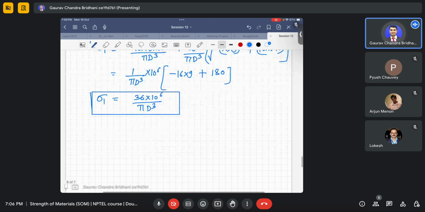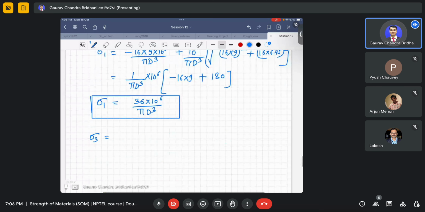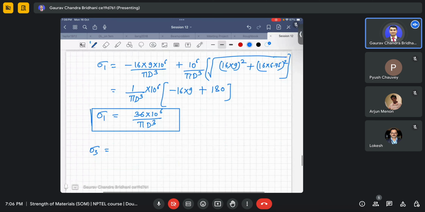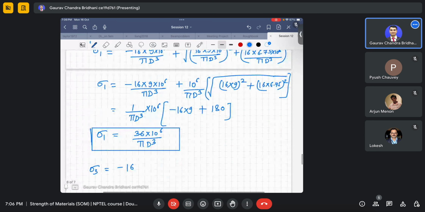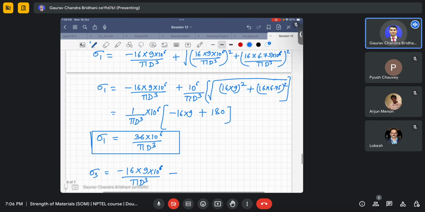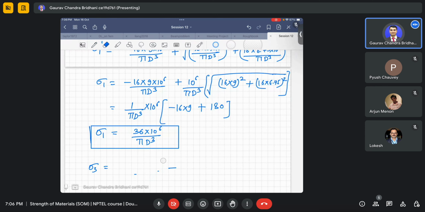Then we will see sigma 3. Only the negative sign will come in between. So it will be minus 16 into 9 into 10 to the power 6 divided by pi d cube minus this part. I don't need to calculate any other thing, so I'll directly write 1 by pi d cube into 10 to the power 6.